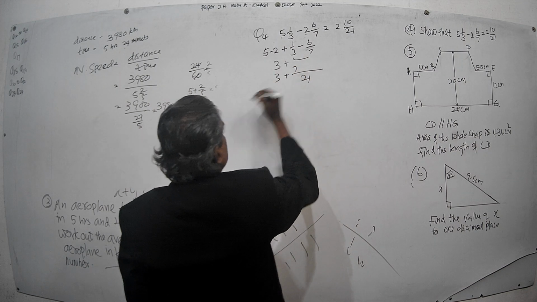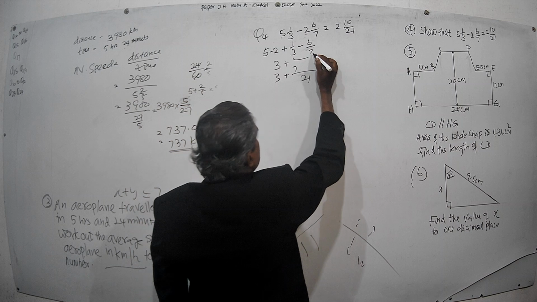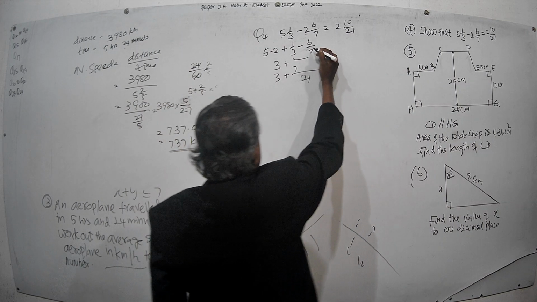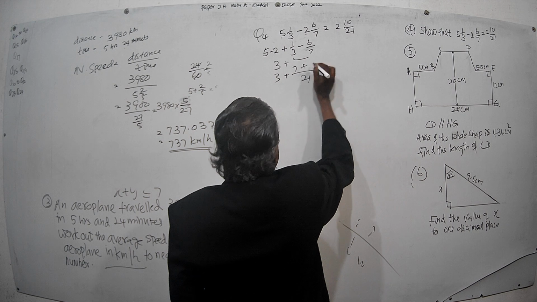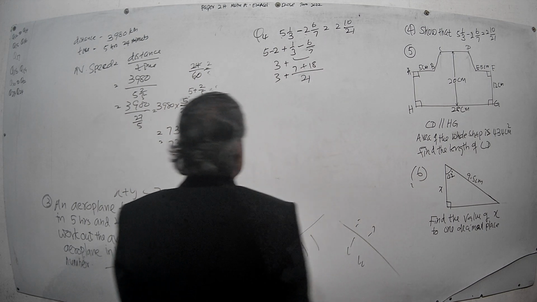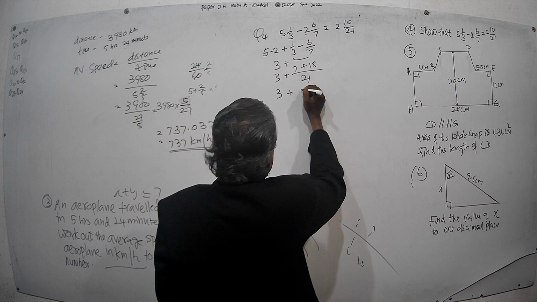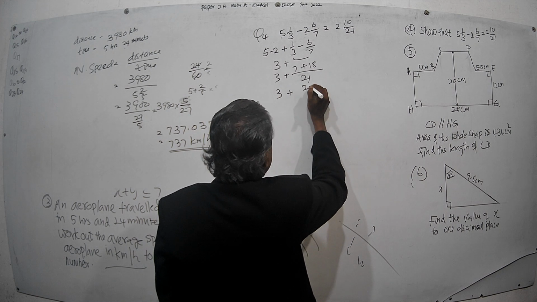Then this 3 comes as it is. Then 7 times 3 is 21, and 6 times 3 is how much? 18. Then you add those two together. Then 7 plus 18 is 25.